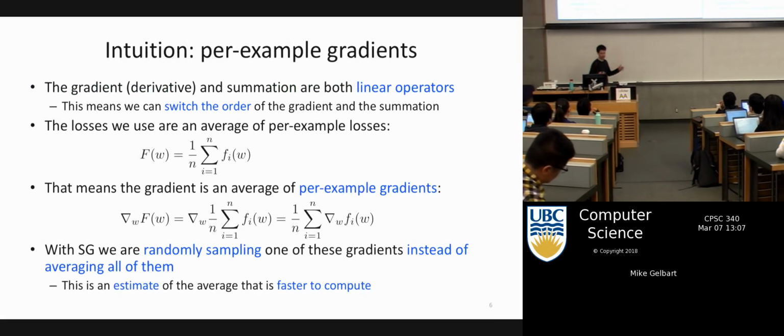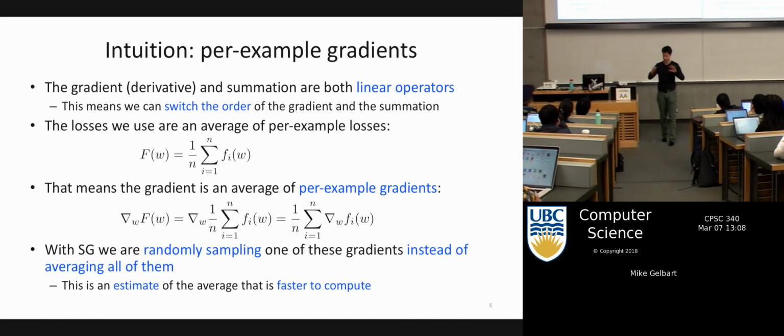Here's the way I like to think about this. What we have is some loss function, which I'm temporarily calling capital F. I guess we used to call it lowercase f, but I'm just temporarily calling it capital F to make it look more different visually from f sub i.